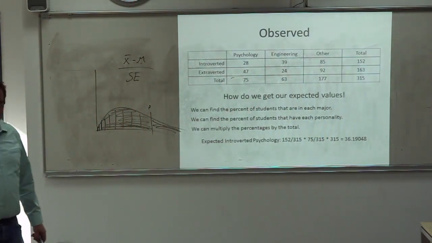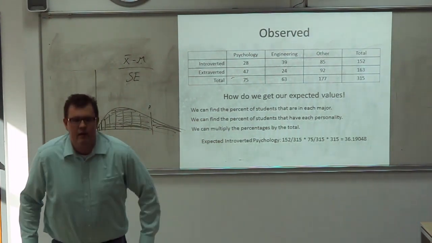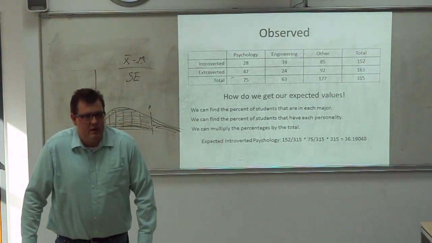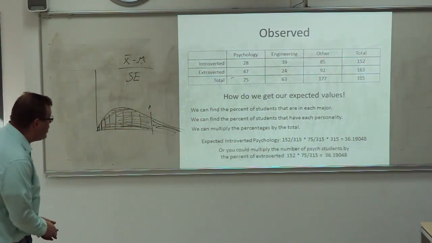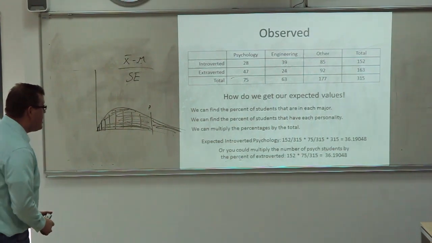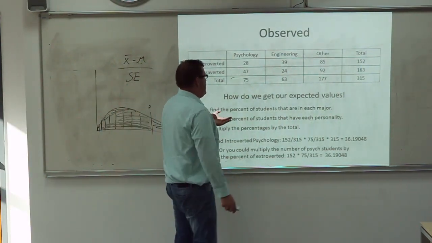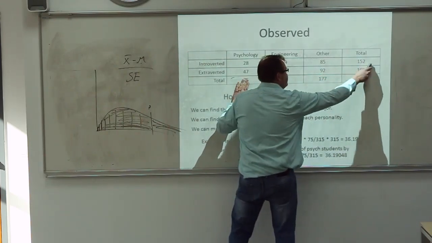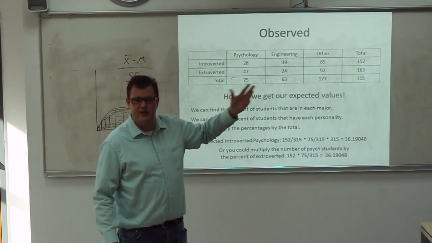Yeah? Why did we multiply the three of them? Let's go on to the next thing. Maybe this would be more obvious. You could multiply the number of psychology students by the percent of extroverted. So imagine you have whatever percentage extroverted and whatever percentage introverted.